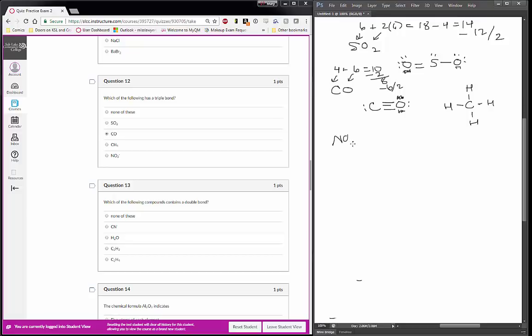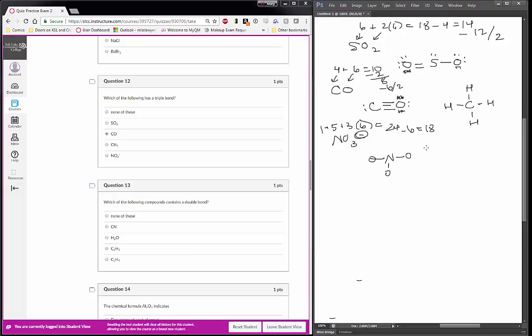And then for the NO3 minus, nitrogen came in with 5. I've got 3 oxygens. They each came in with 6. And then this means I have an extra electron. So I really have 24 electrons total. So nitrogen in the middle, used up 6.